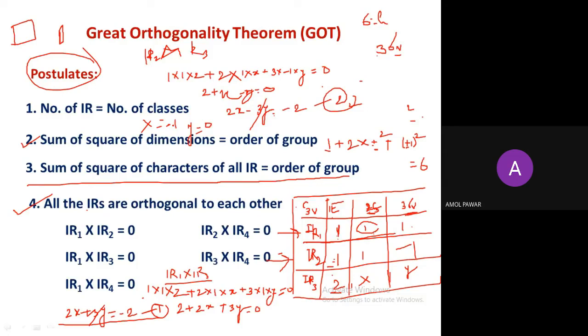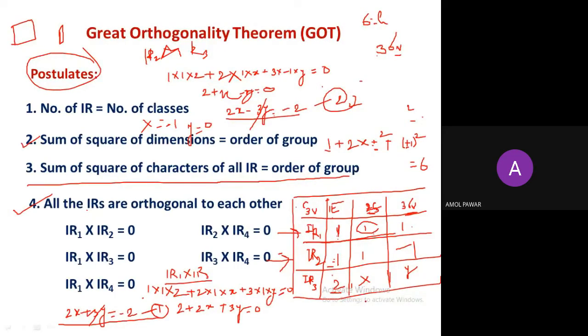If you get x is equal to minus 1, then put the value of x in this equation, or in any equation. Then y is equal to 0.